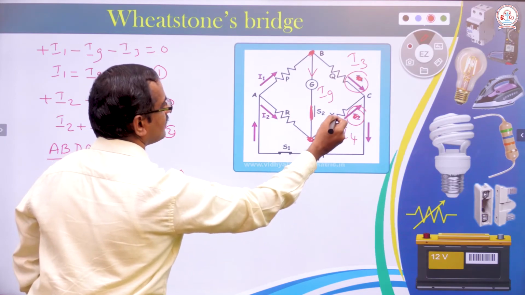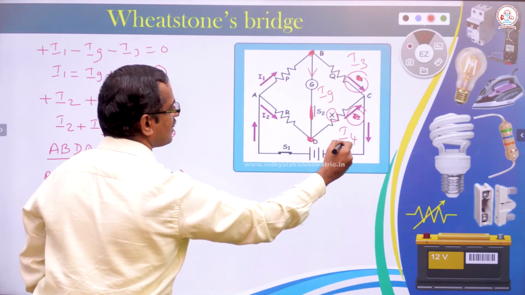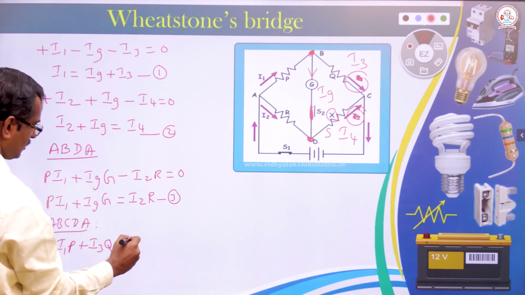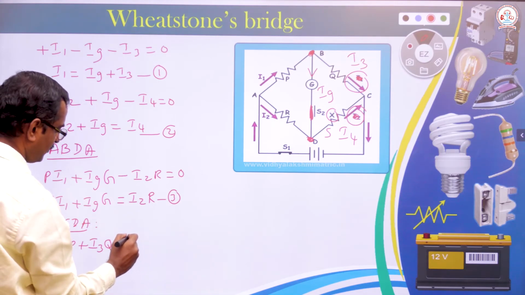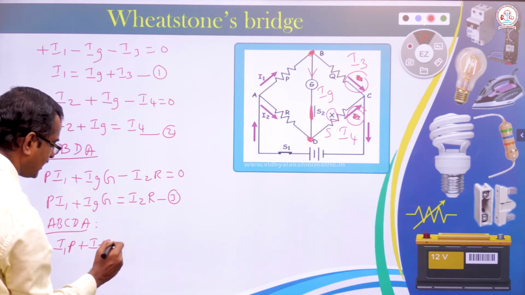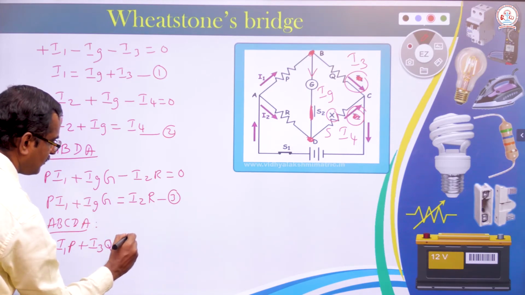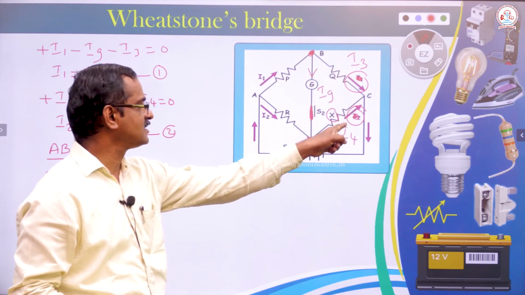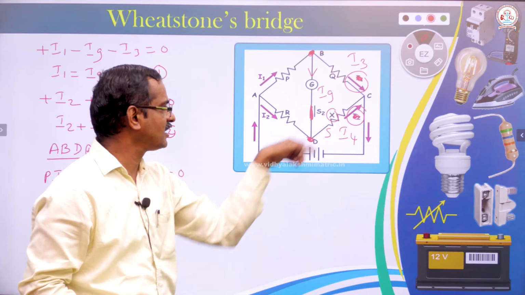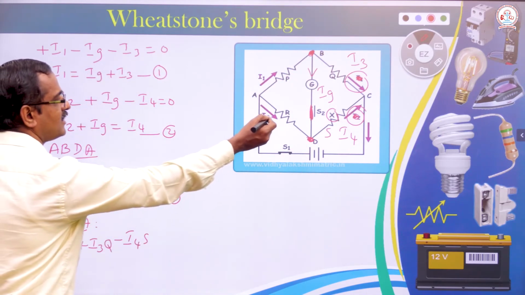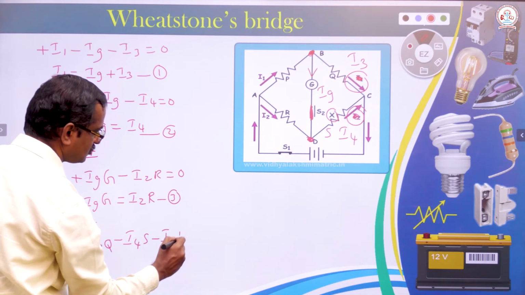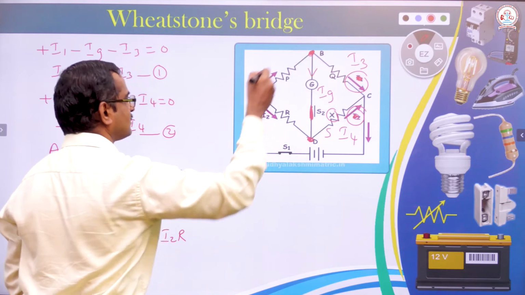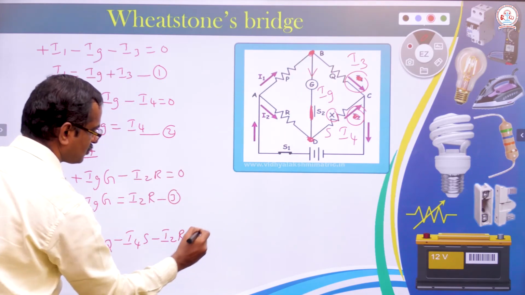So now it is I3 into Q plus I4 into S. The resistances are P, Q, R, and S; this one is given as X for calculation convenience, but you just take it as S. Since the current is in anti-clockwise direction, it should be minus I4 into S, and minus I2 into R, the product of current and resistance, equal to 0.